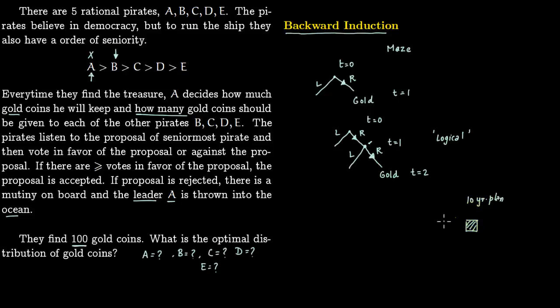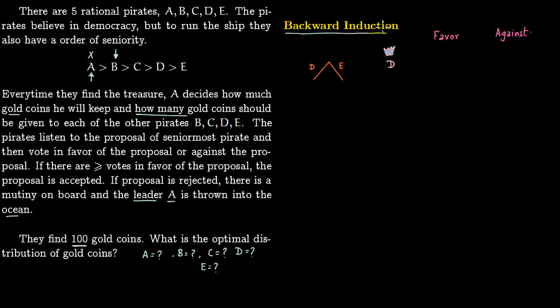According to that, you induct backward: what should your physique be in year 9? What should it be in year 8? And so on, all the way to the present time, so that you can build slowly and follow the path to get there. This is a logical way of thinking, and this is precisely what we are going to use. We are going to start at the decision node at future minus 1, and then go backwards to come to the present.